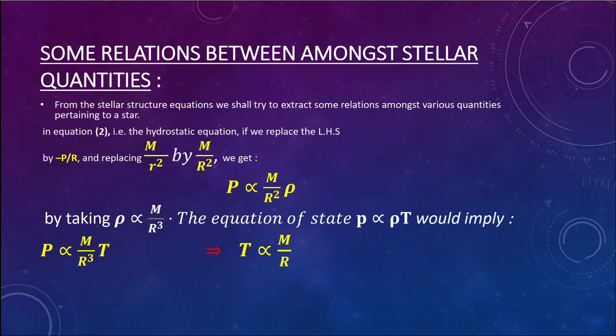So that means rho is directly proportional to 1 by r cube, which we got from the first equation, and this would imply that P is directly proportional to M by r cube into T. Which implies that the temperature is directly proportional to the mass of the star, and inversely proportional to the radius. Next slide.